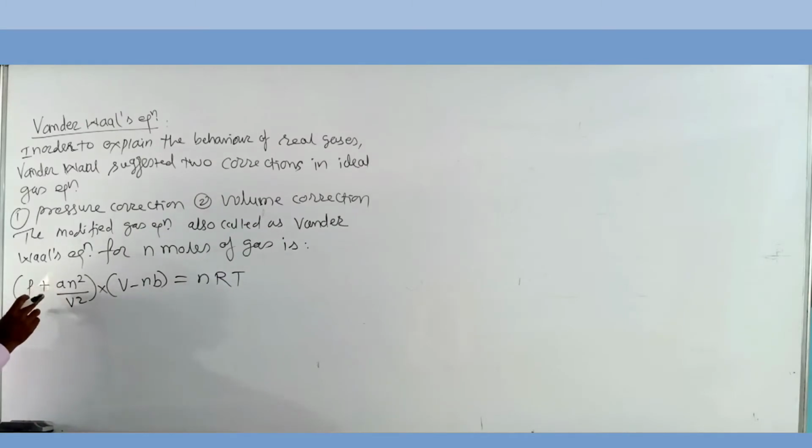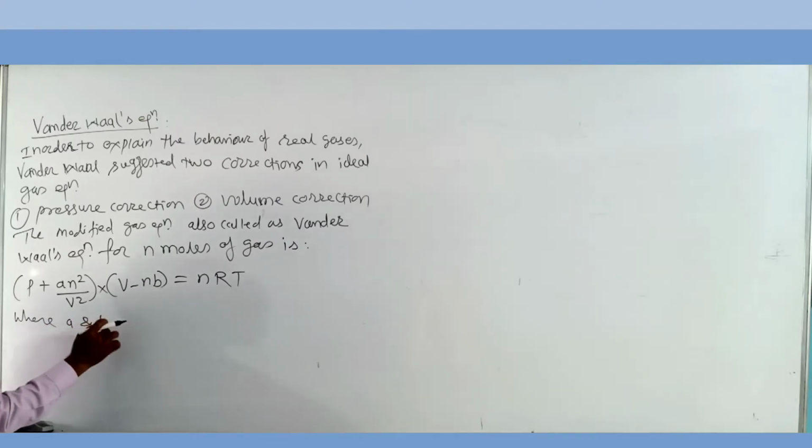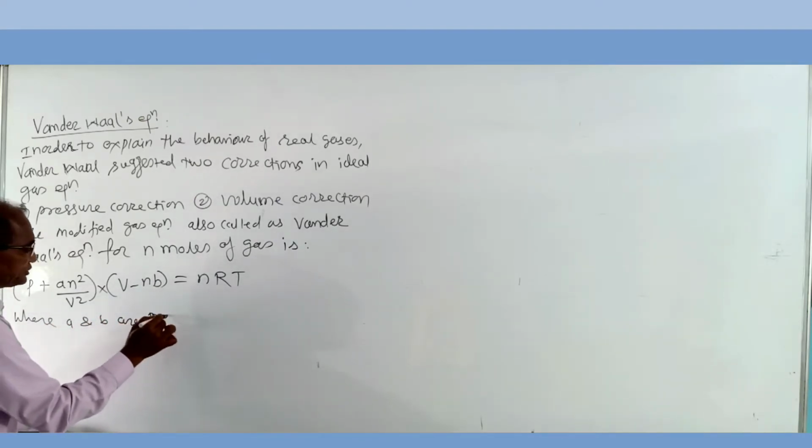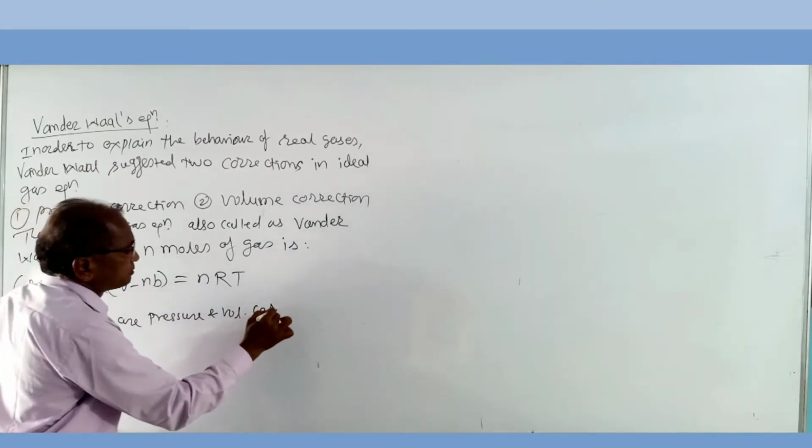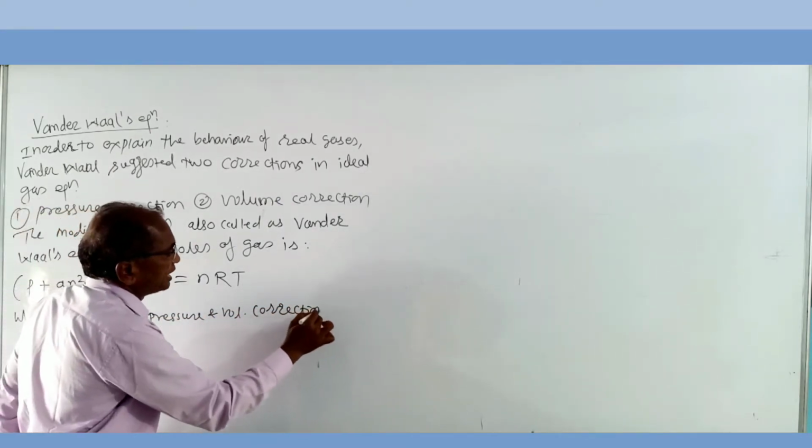The ideal gas equation is PV = nRT. In the Van der Waals equation, P means pressure correction and V means volume correction. That is, an²/V² and nb are the pressure and volume corrections.